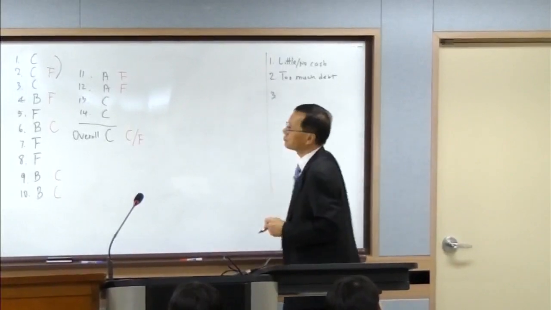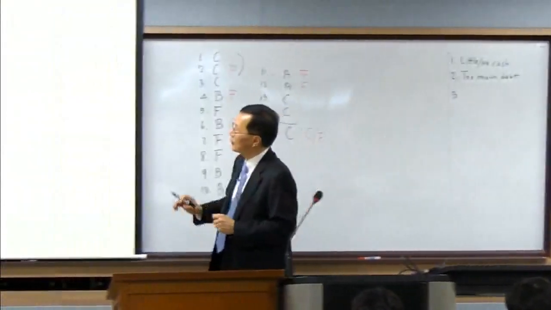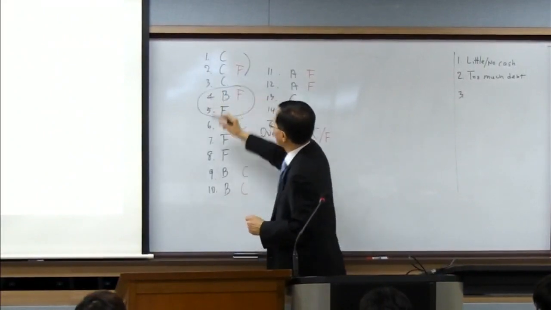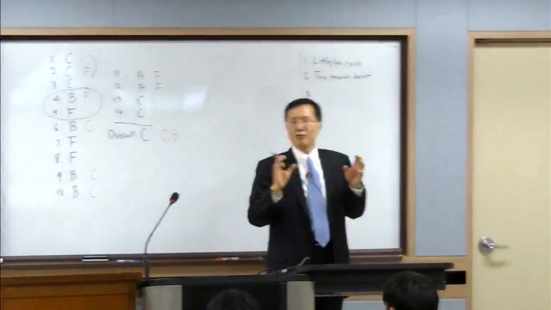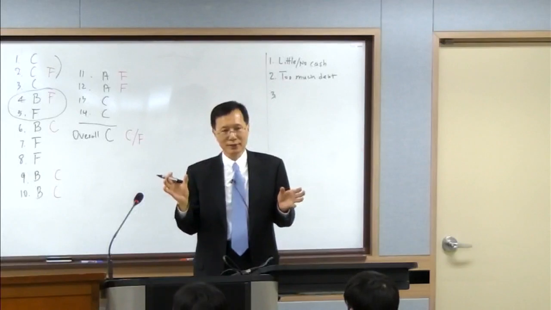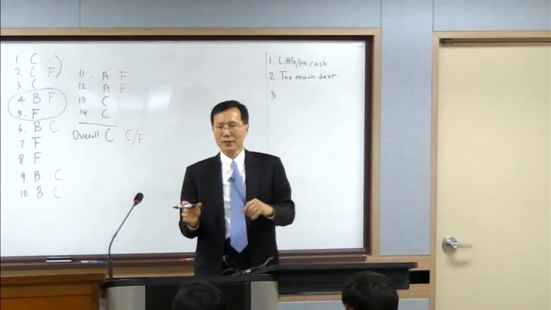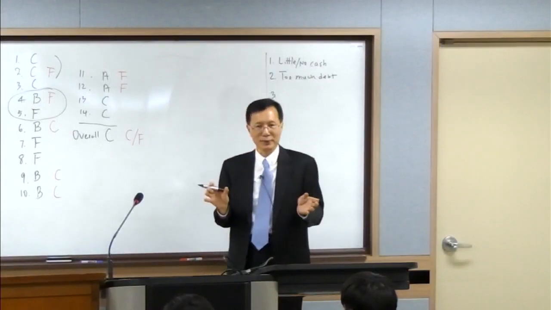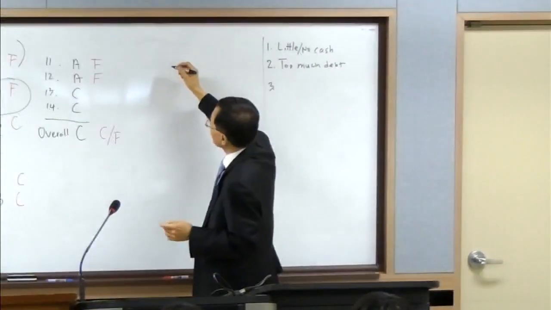Number 3, profit turnover. This thing, you and I disagree very much. You say B and I say F. How can that be? Now let's look at this.